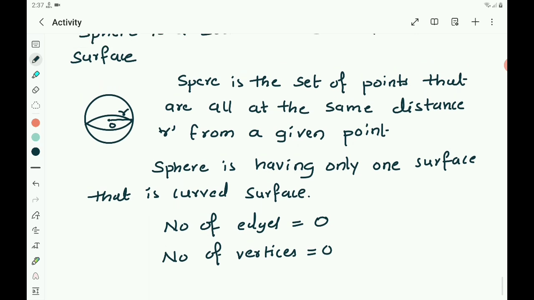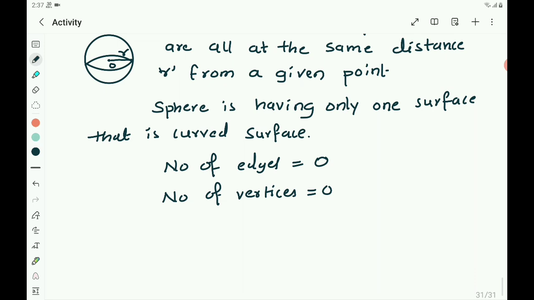Then what about the total surface area? Total surface area of the sphere is equal to 4 pi r square. It is not having lateral surface area or total surface area separately. It is having only one surface area, which is also called curved surface area or total surface area. Right?